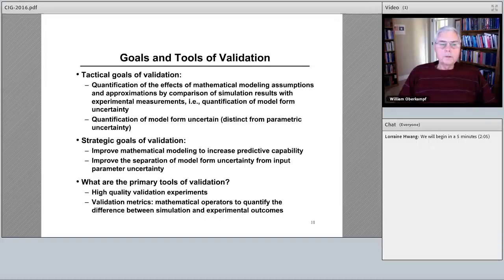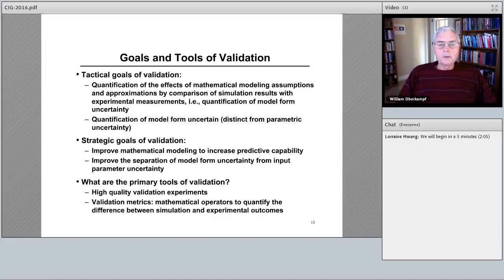We want to improve the separation of model form uncertainty from input parameter uncertainty. In the geosciences field that most of you are in, that is a very difficult thing, and that's one of the things that makes your field, I feel, more difficult than most engineering fields. I'll point that out a little bit later.